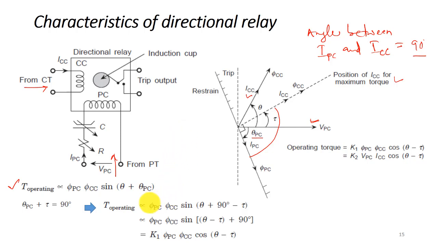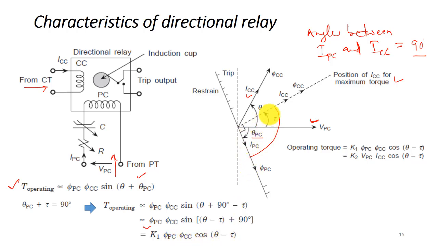Now substituting theta PC in this equation, T operating is directly proportional to phi PC, phi CC, sine of theta plus 90 minus tau. Now it will become phi PC, phi CC, cos of theta minus tau, and that is equal to constant K1, phi PC, phi CC, cos of theta minus tau.